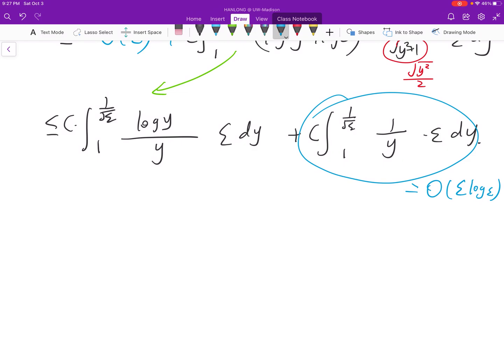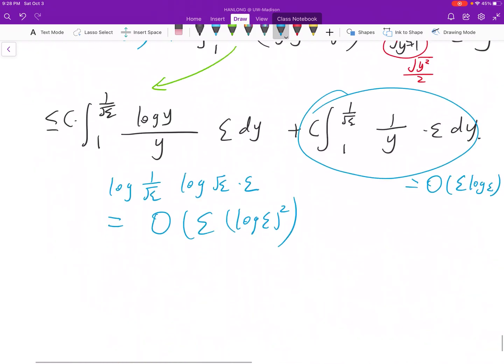And for this term, actually you can bound it by log y is bounded by log 1 over square root epsilon, and then you can integrate 1 over y. That gives you log square root epsilon, and then you have epsilon. So totally it would be bounded by O epsilon log epsilon squared.